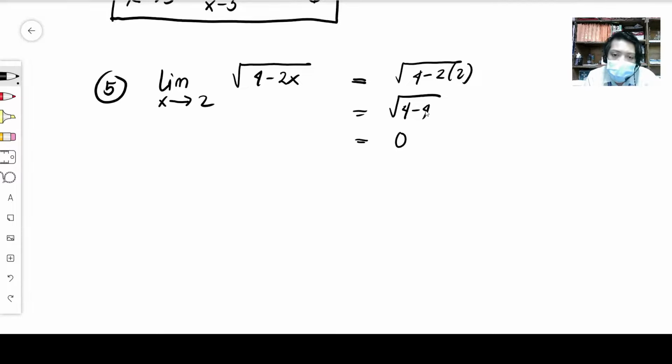Because, again, the limit exists if and only if the right-hand limit and the left-hand limit are equal. So you have to check.